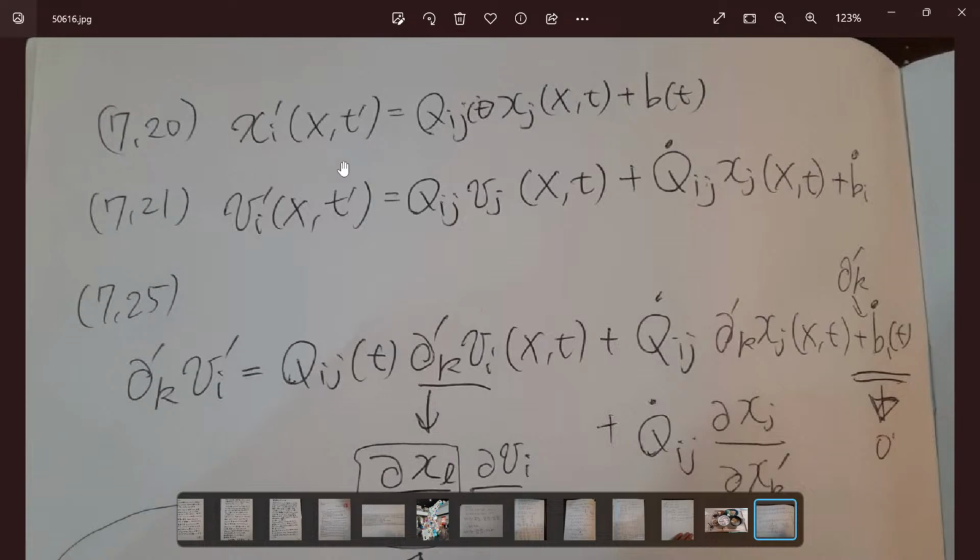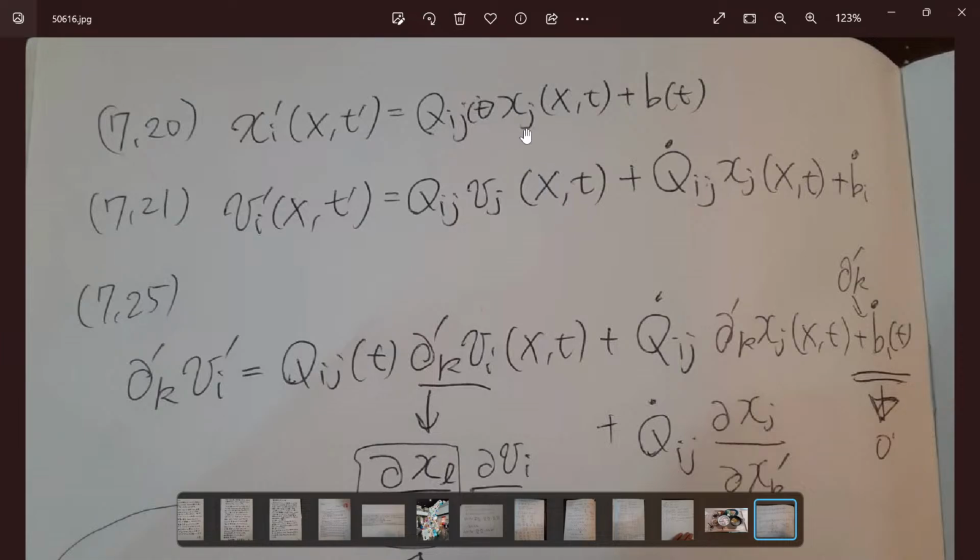Then we can compare the velocity. We consider the velocity of the left-hand side. So we take a derivative of xi prime with respect to t prime. Then the derivative with respect to t prime is the same thing as the derivative with respect to t.